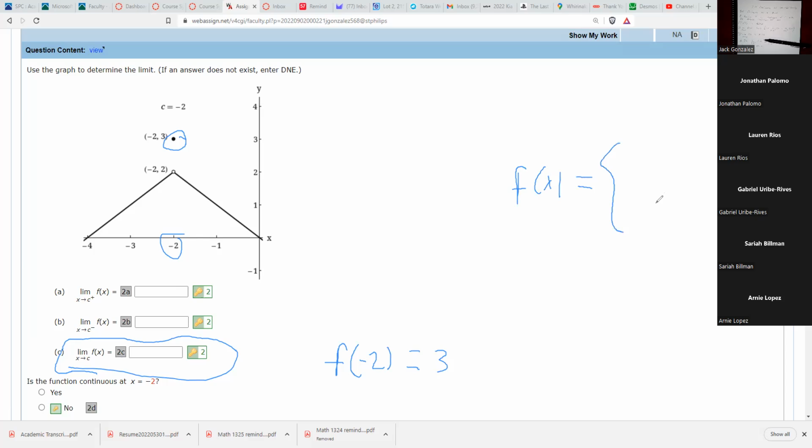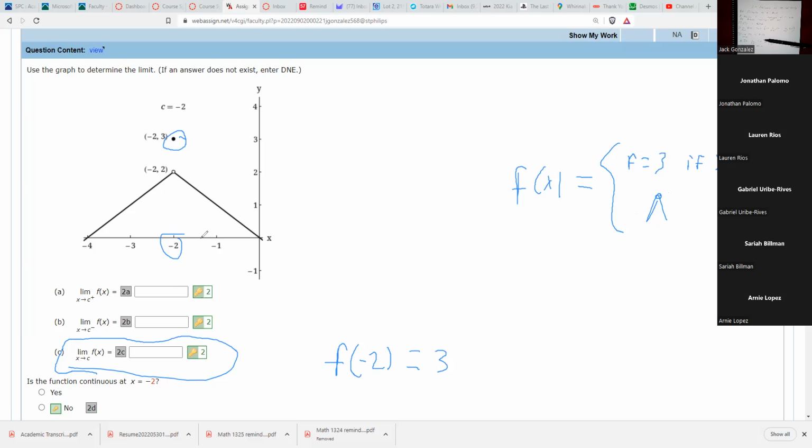The triangle would be something over here, but then it'll say that f, or y, will equal 3 if x is -2. Then over here it'll be everything except -2, so it'll have another equation forming the triangle piece.